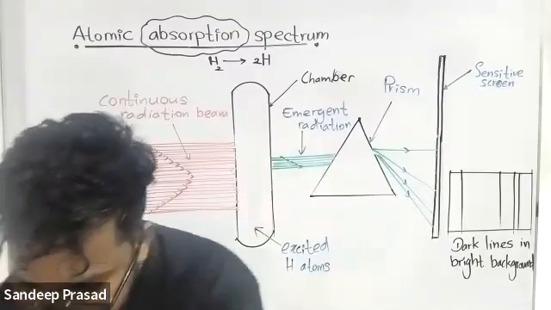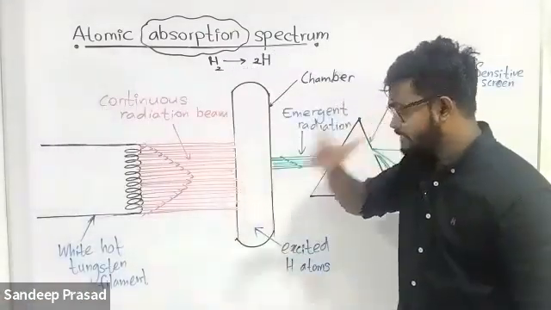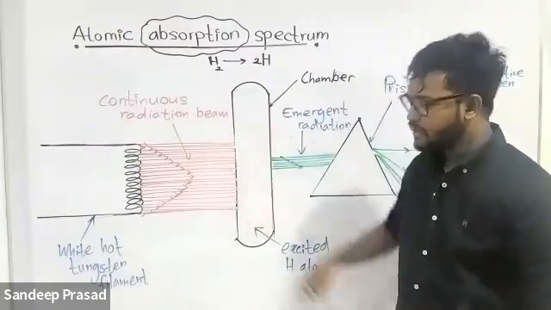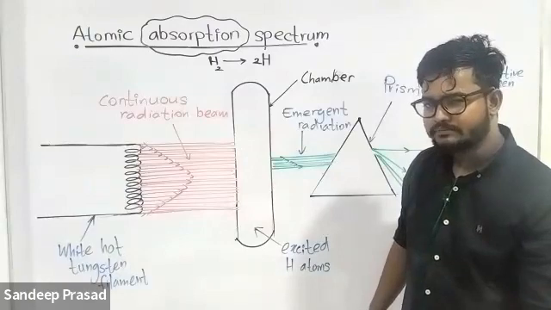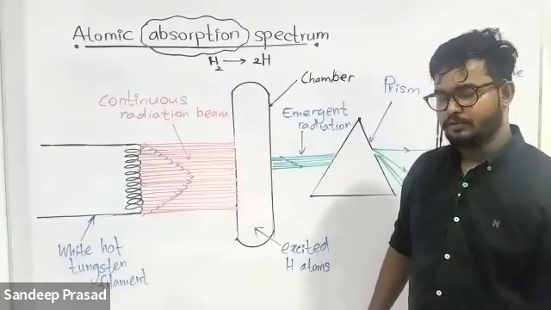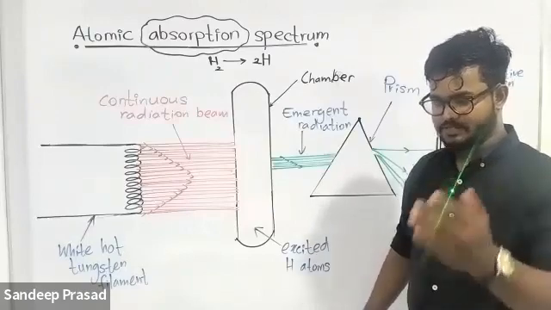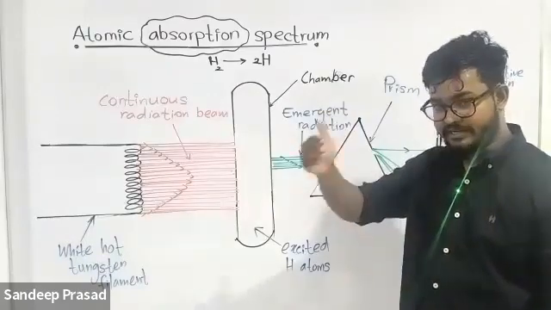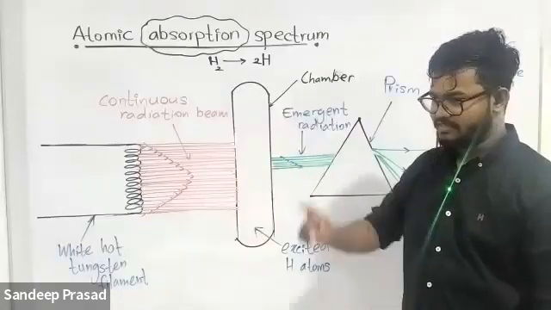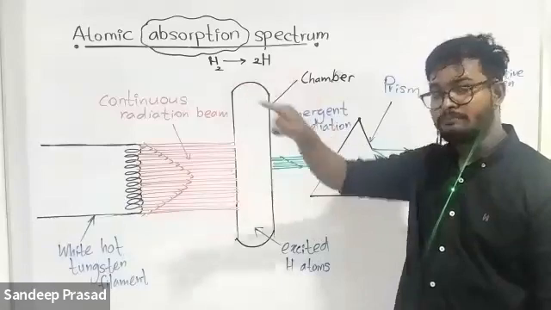I told you that inside the chamber we have hydrogen atoms, and the energy is absorbed by the hydrogen atoms. Why are we using particularly the hydrogen atom? Why in the syllabus have they given only the hydrogen emission spectrum? We could have analyzed the helium or lithium emission spectrum. Remember, hydrogen is the simplest atom we have. Only one electron is there. Even this one electron's spectrum is complicated.